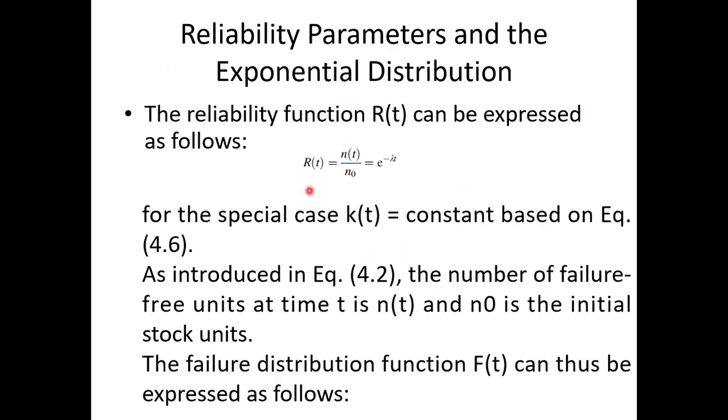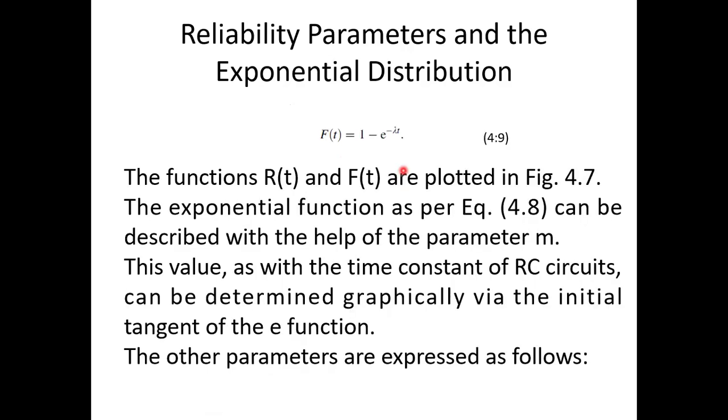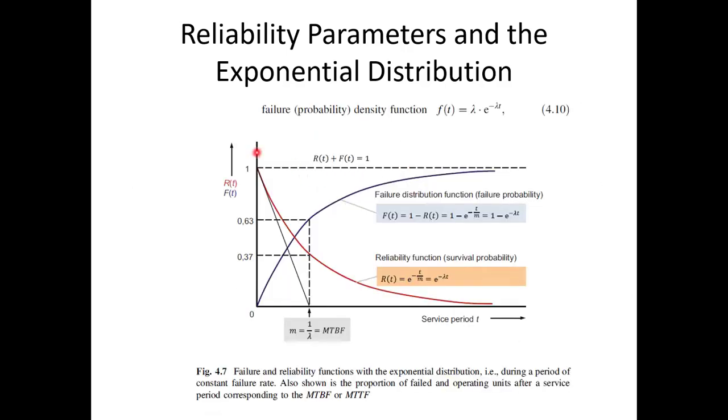So for the exponential distribution, N of t by N naught is e power minus lambda t. Here N of t represents failure-free units at time t, and N naught represents the initial stock. So the failure distribution function F of t equals 1 minus e power minus lambda t. This is the graph you can see with the service period, and the reliability function, failure density function, and failure rate are all shown in one graph.